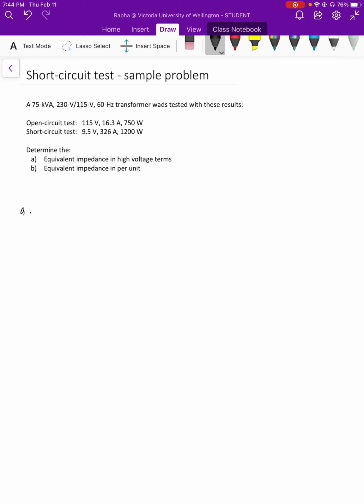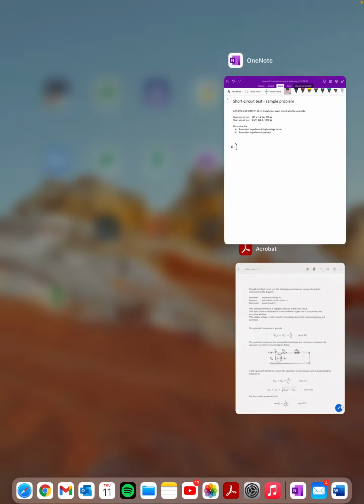So letter A is mao na siya ato ang ZEQ, or mali na siya pagkasulat. Mao na siya dari.